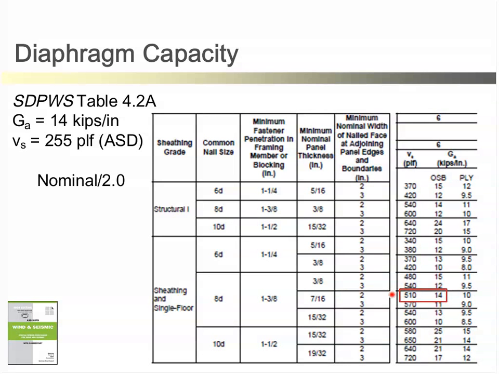We come up with a shear of 510 PLF, and per the footnotes of the table and the standard itself, you divide that nominal capacity. This is a nominal tabulated shear capacity. You divide that by 2, but then your G sub A doesn't require any further adjustment. That G sub A apparent shear stiffness is 14 kips per inch.